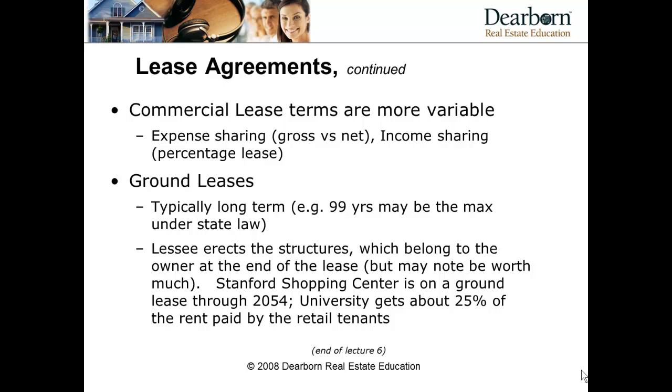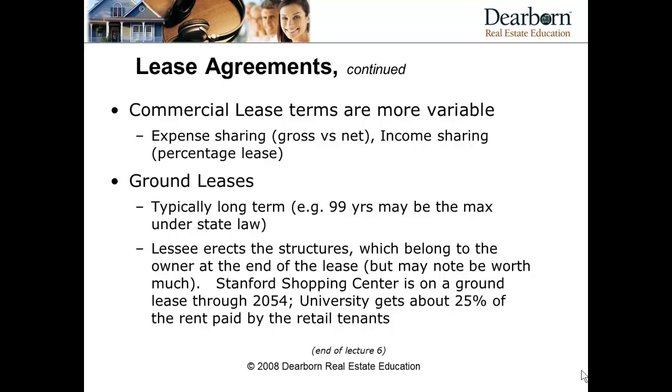There's expense sharing, the gross lease versus the net lease, where in a gross lease the landlord will pay all or most of the expenses, the big ones being the property tax, the maintenance of the property and the insurance, or there's the net, or what they call typically the triple net, where the tenant not only pays a certain amount per month in terms of their base rent, they also pay for the taxes, the maintenance, and the insurance that's required on the property.